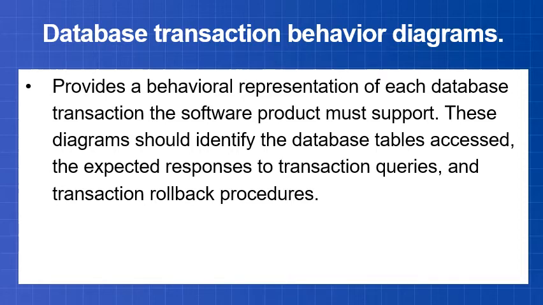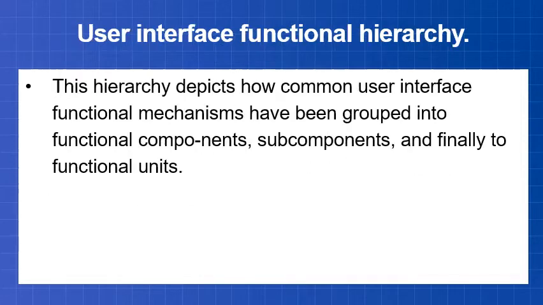These diagrams should identify the database tables accessed, the expected responses to transaction queries, and transaction rollback procedures. Here is a user interface functional hierarchy. This hierarchy depicts how user interface functional mechanisms have been grouped into functional components, subcomponents, and finally functional units.